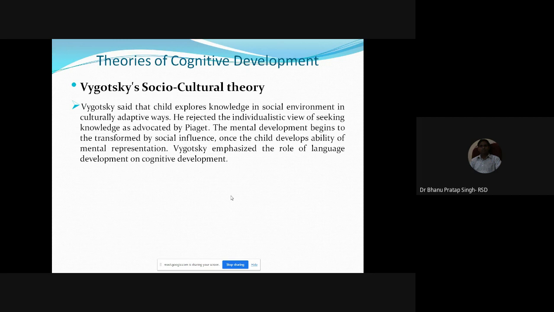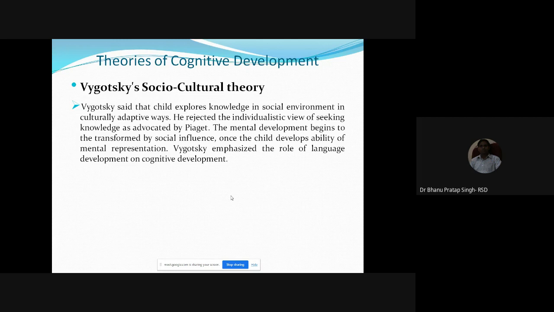So Vygotsky differed a little from Piaget, because Piaget advocated that learning should be individualized. He said no, learning takes place in the peer group, in the whole class, because if you provide individual attention to one, then others may have other feelings, like we have learned in a previous slide, kind of jealousy, kind of fear.